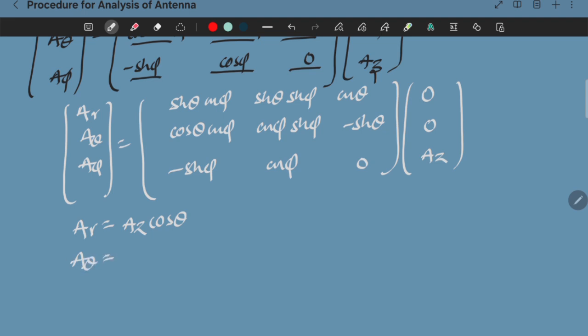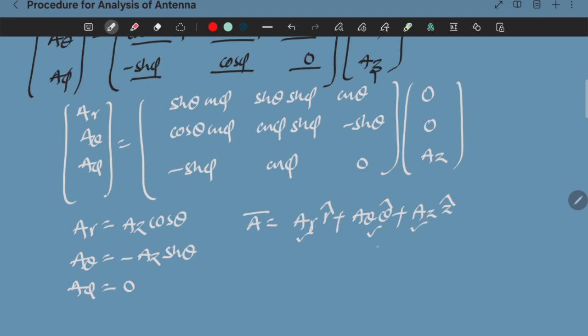Then A theta. To get A theta, this second row should be multiplied with this column. So what will you get? Minus AZ sin theta. And what about A phi? To get A phi, this third row with this column. So you will get 0. That means in this spherical coordinate system, AR R cap plus A theta theta cap plus A phi phi cap.